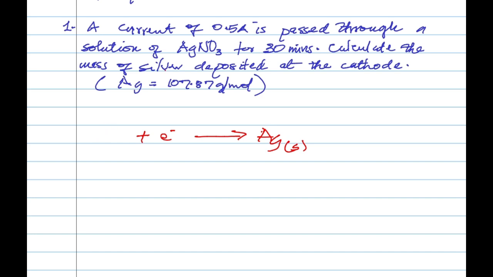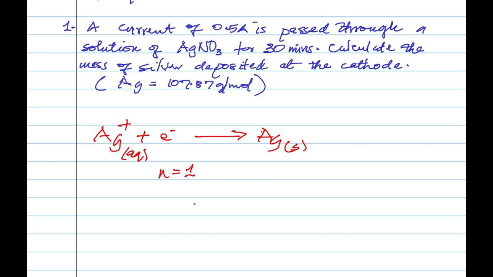So the silver ion will be Ag plus. Ag plus gains one electron to give us Ag solid. Ag plus is aqueous because that is the ion in solution. From here, we know the number of moles of electrons involved in this deposition. That is, 1 mole of electrons is needed to deposit 1 mole of silver solid.